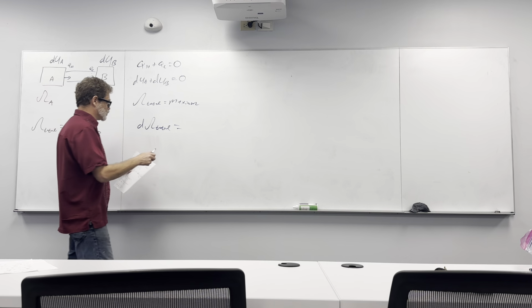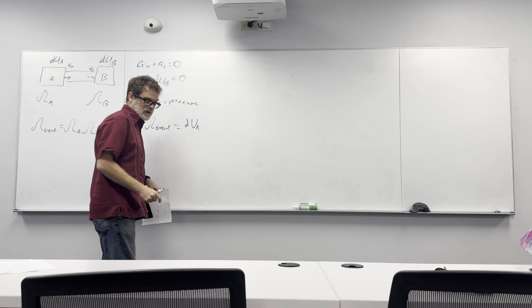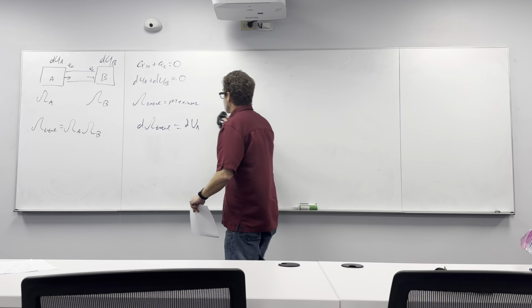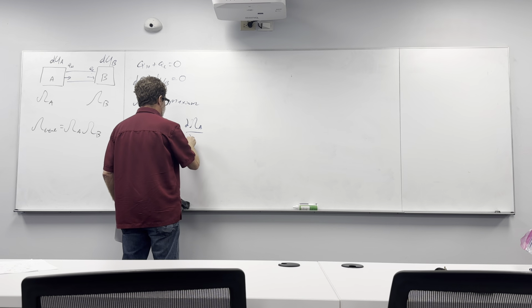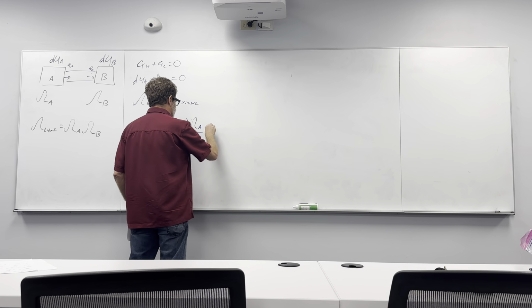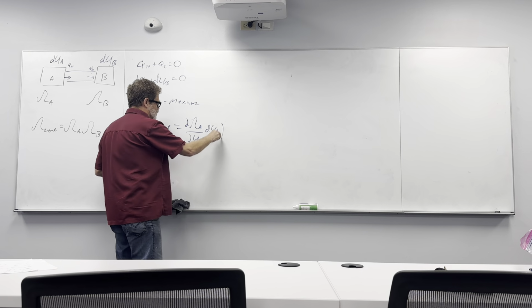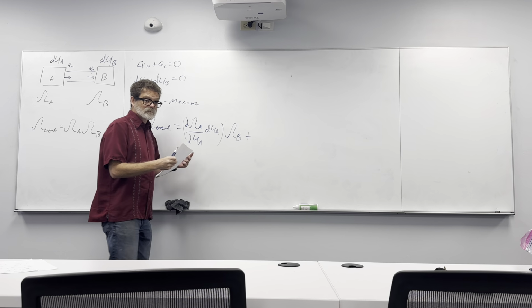So that's going to be equal to the partial of sigma A with respect to UA times a little bit of change to UA. So a little bit, right? And then, this is the derivative of the first times the second, right? That makes sense, everybody?